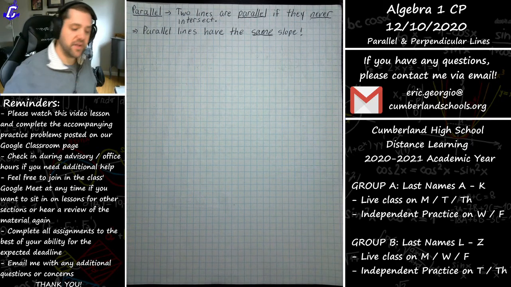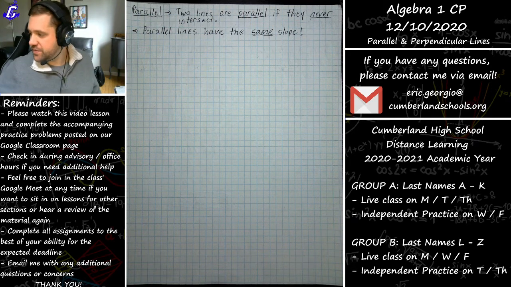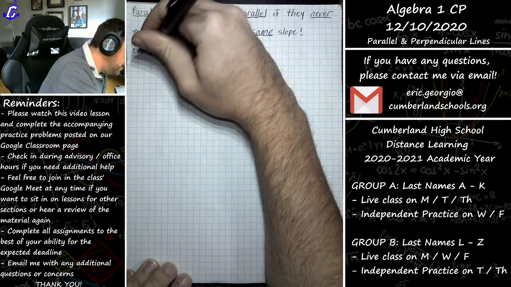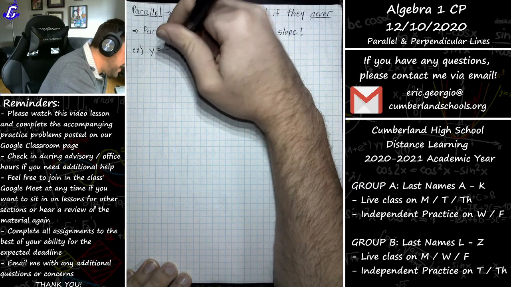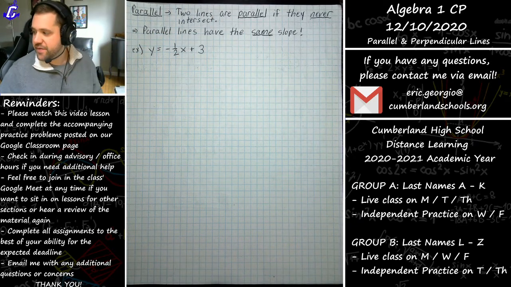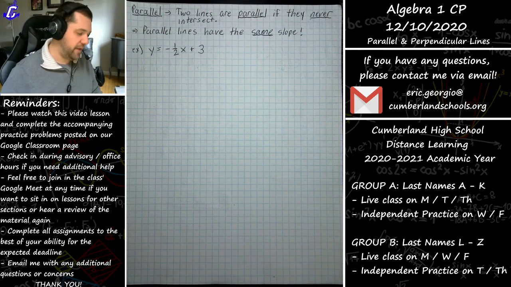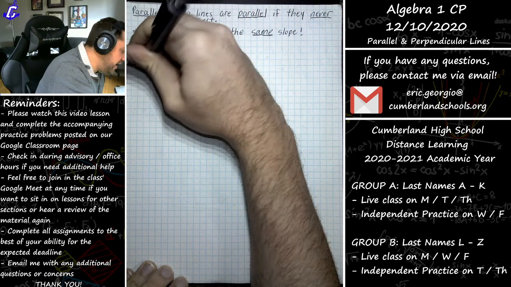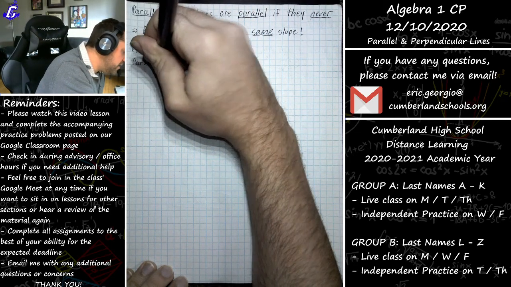So let's take a look at our first example we came up with from the do now. The first example was y equals -1/2 x plus 3. A slope of -1/2 and a y-intercept of 3. What if I wanted to write the equation of a line that was parallel to that?